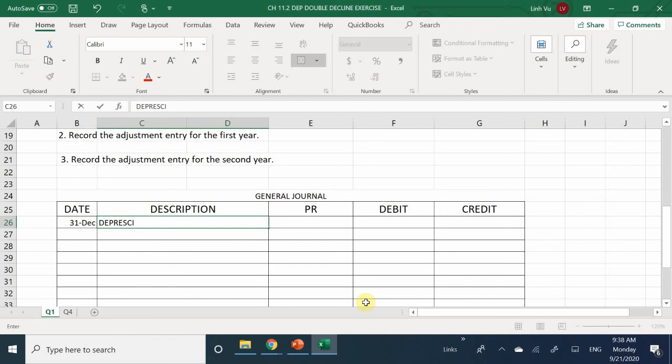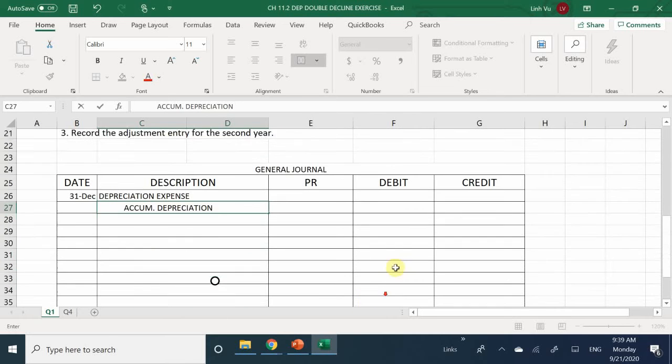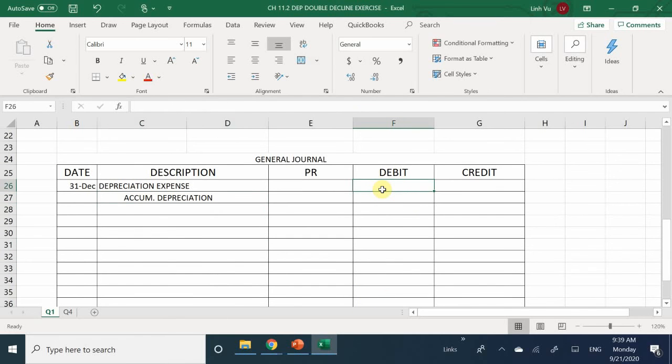So hold on, depreciation expense and accumulated depreciation. Okay, and it's going to be for 120. Good.